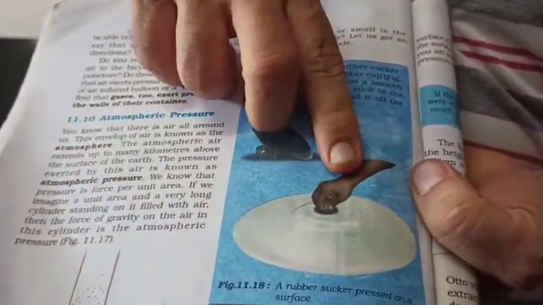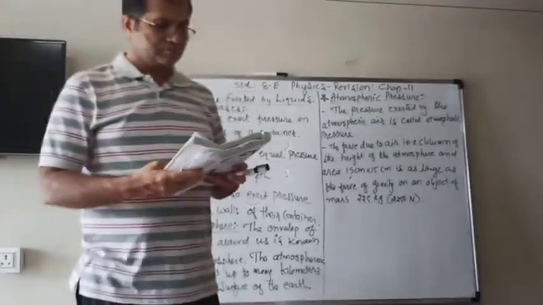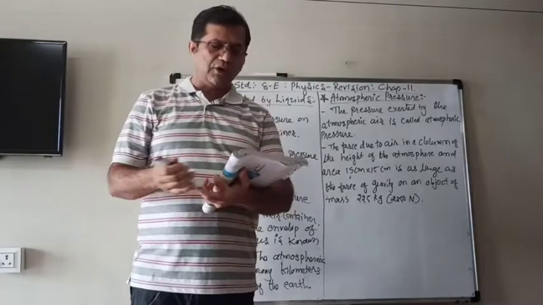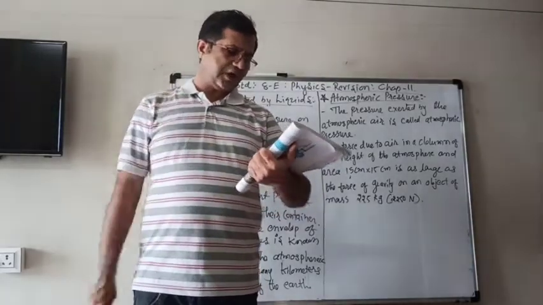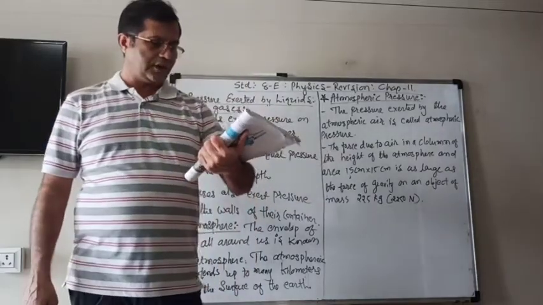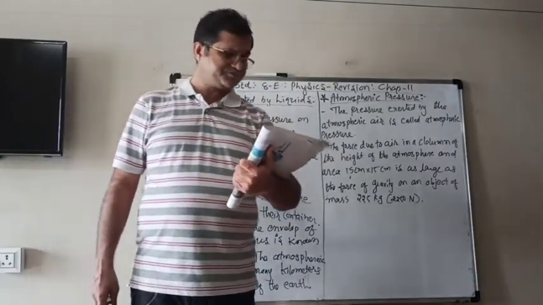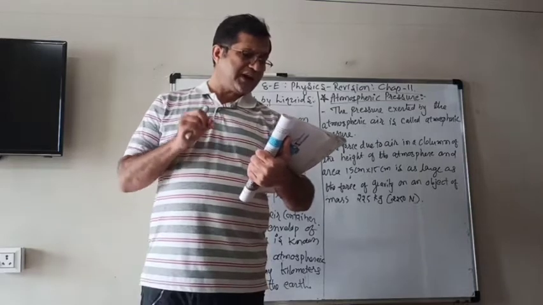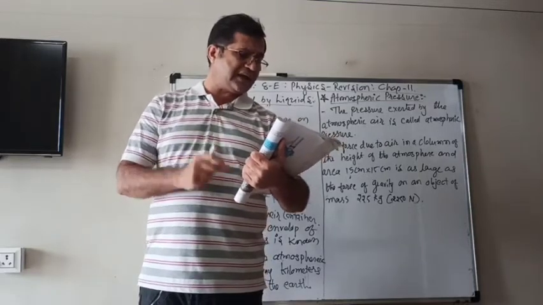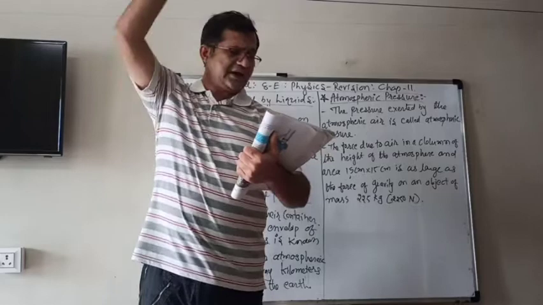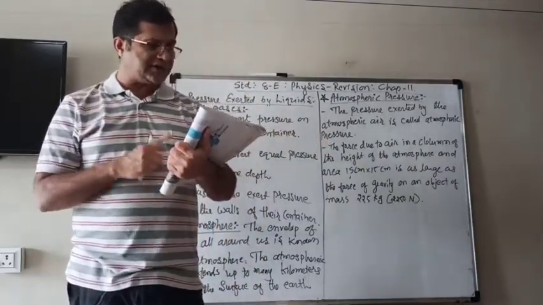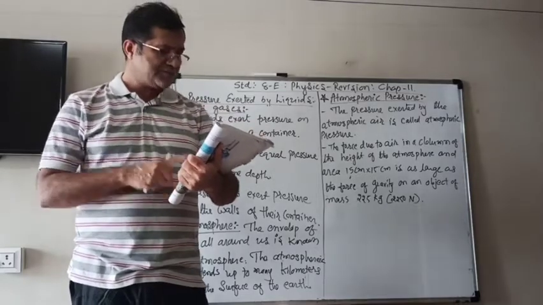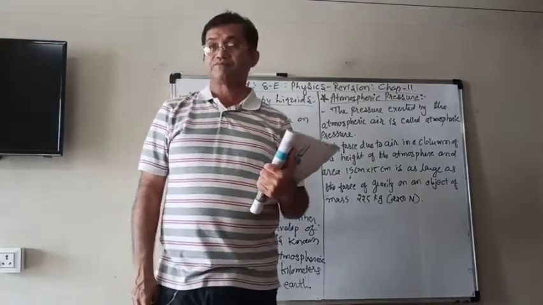And when you put it on the surface, it gets stuck. So there is almost a vacuum inside and it can take out the things from the pipe. Now if we imagine a unit area and a very long cylinder standing on it filled with air, then the force of gravity on the air is the atmospheric pressure.